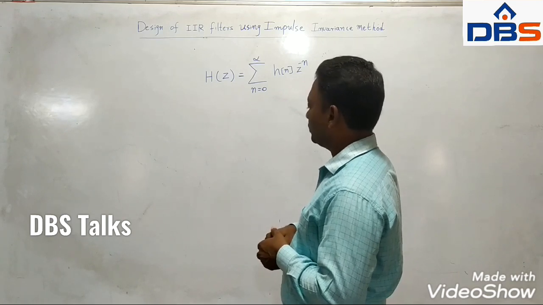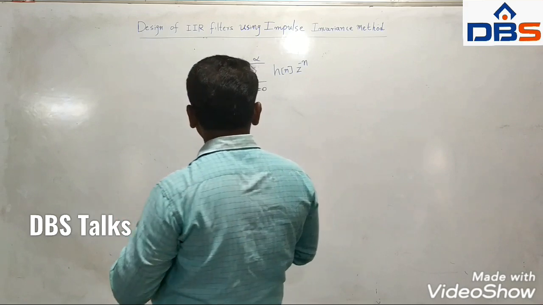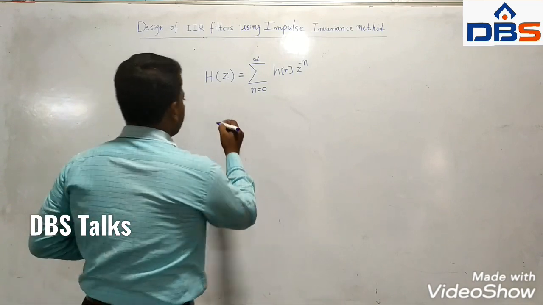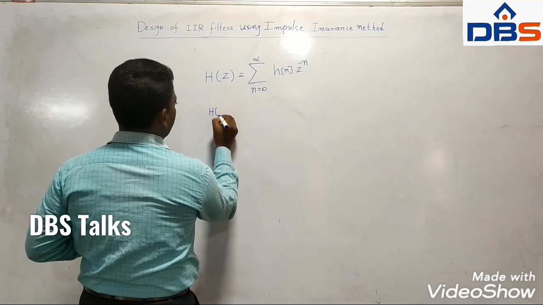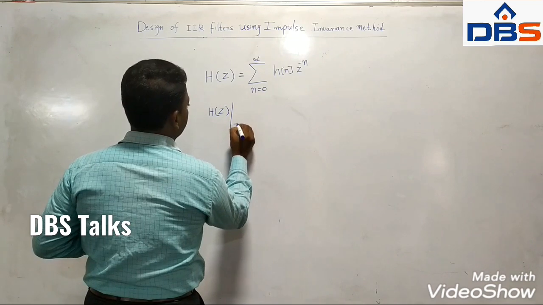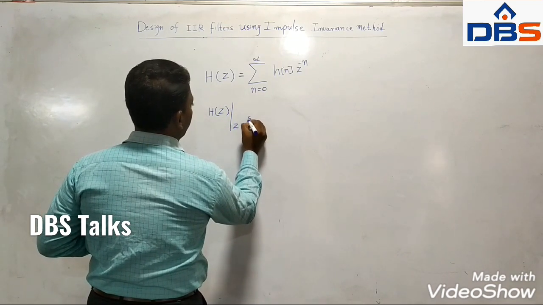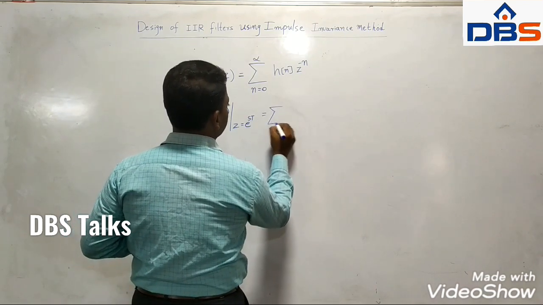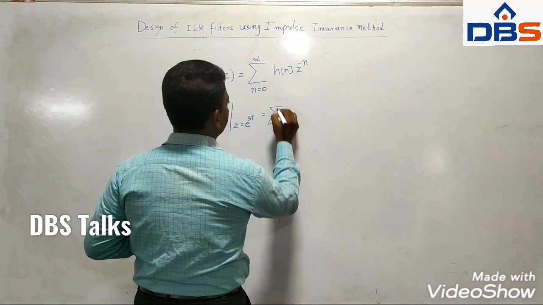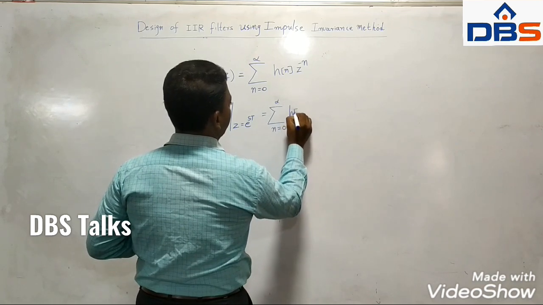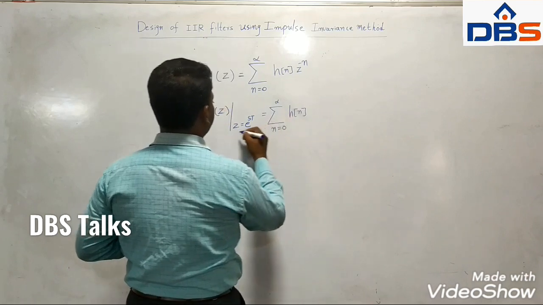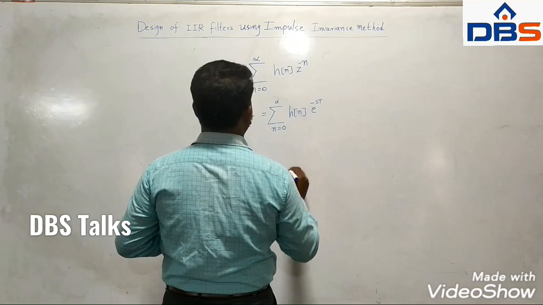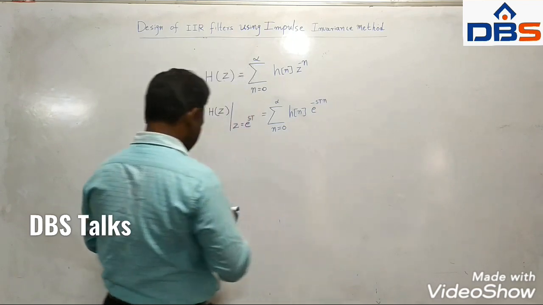Now what we do is we substitute z equal to e power st. Therefore H(z) at z equal to e power st becomes sigma n equal to 0 to infinity h(n) into e power st into n.